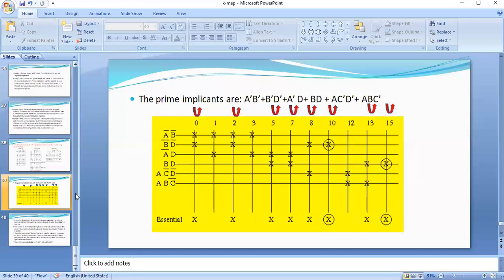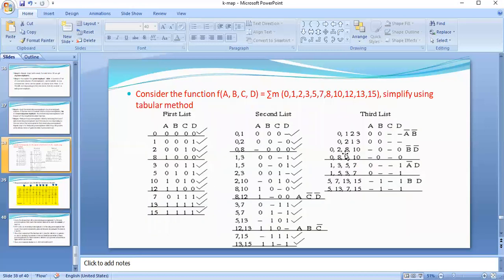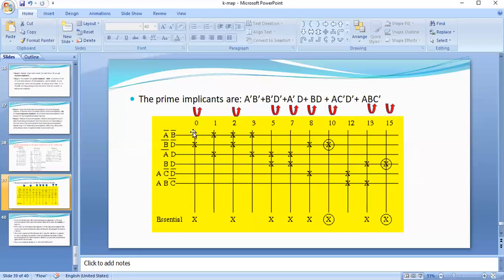After that, you have to observe. For the prime implicant B bar D bar, it covers 0, 2, 8, 10. I'm taking a tick mark here: 0, 2, 8, 10 are covered. After that, BD.